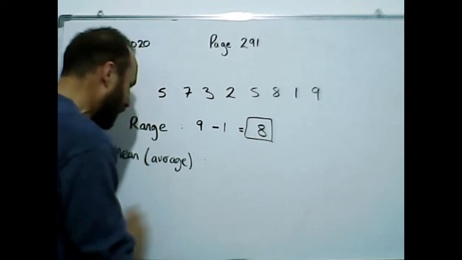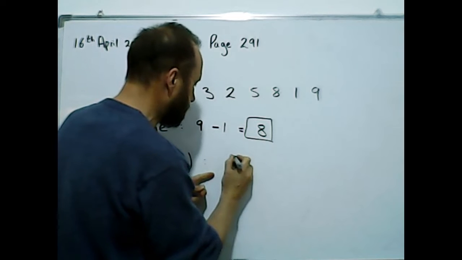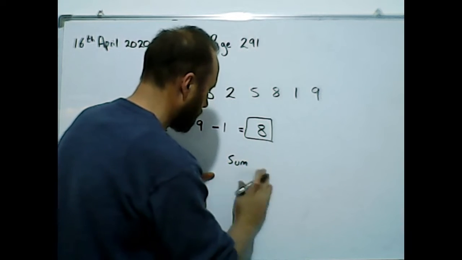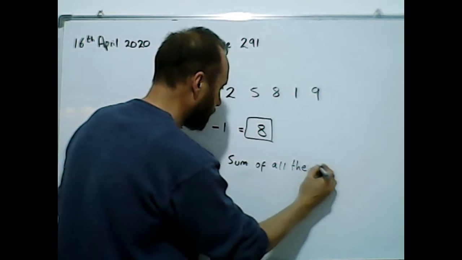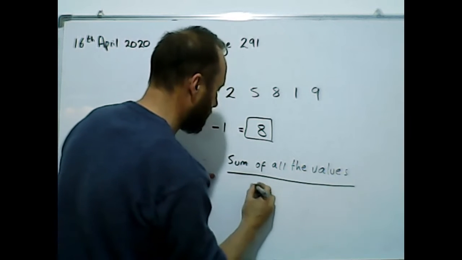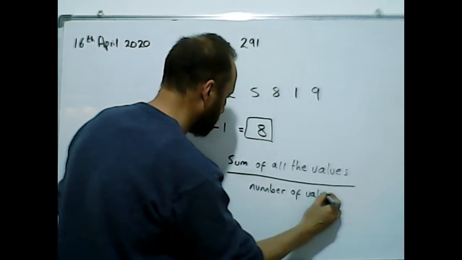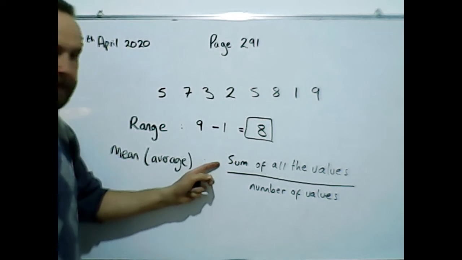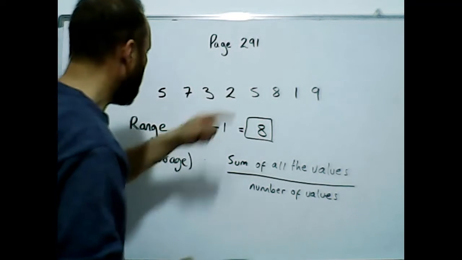The average is the sum of all the values divided by the number of values. So the mean or the average is the sum of all the values divided by the number of the values. Okay, we look at our case here.